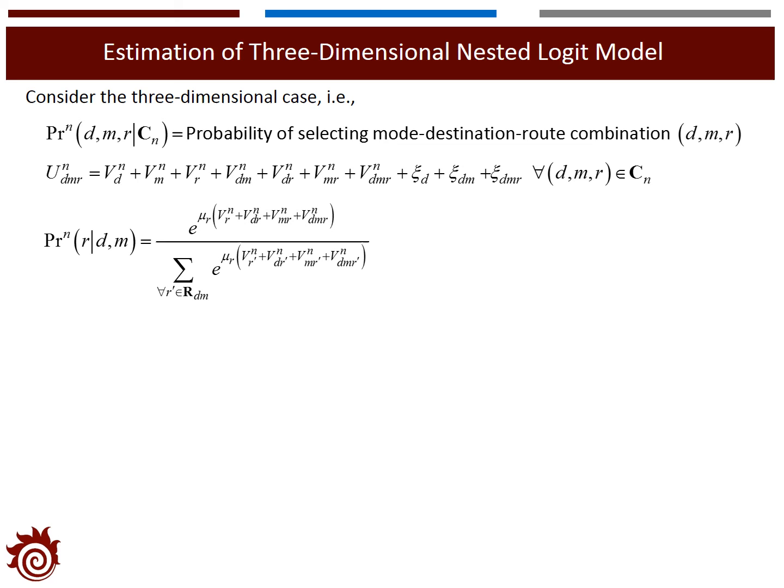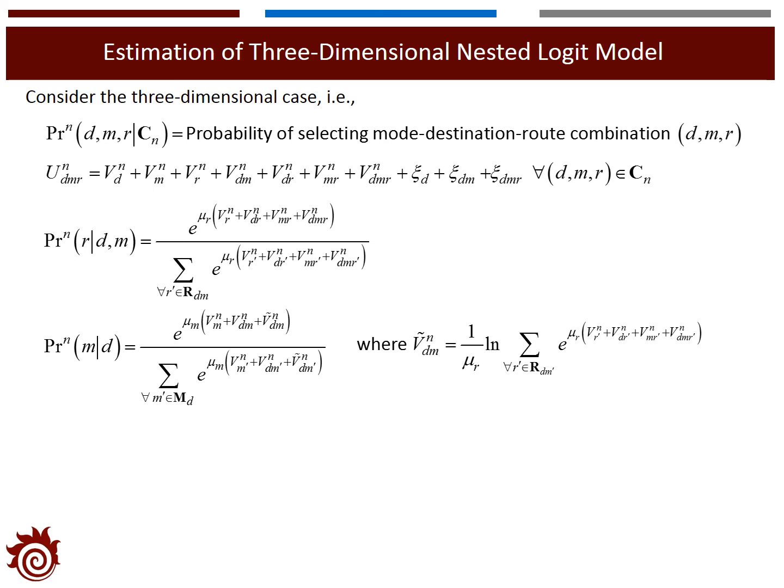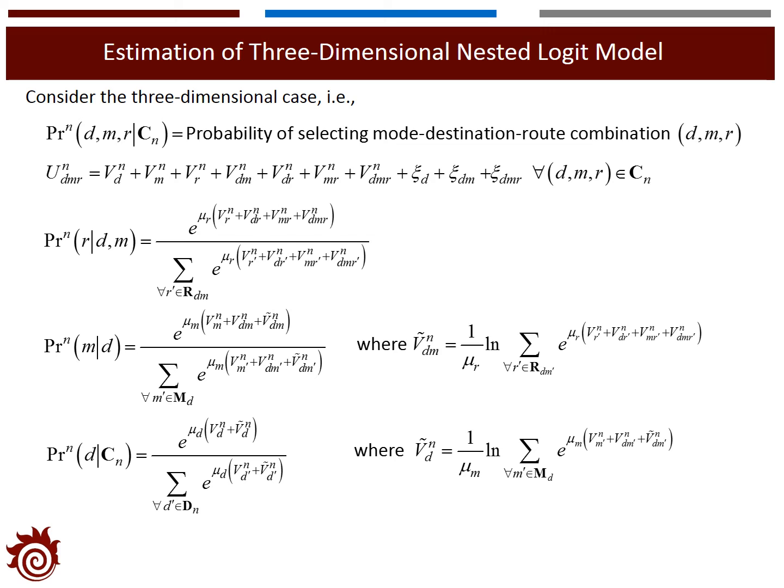From our previous analysis, we get the conditional probability of R given D and M, the conditional probability of mode M given the destination D, and the marginal probability.